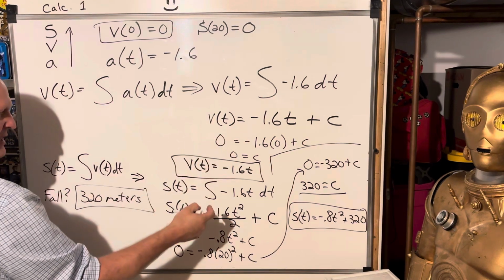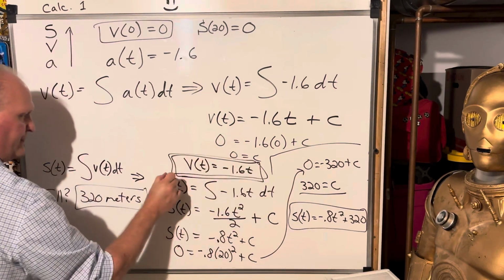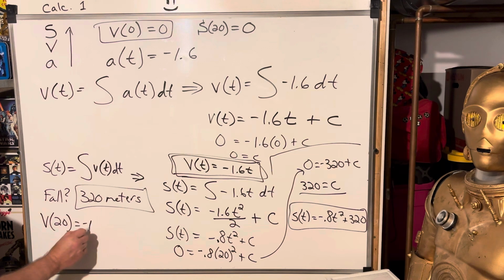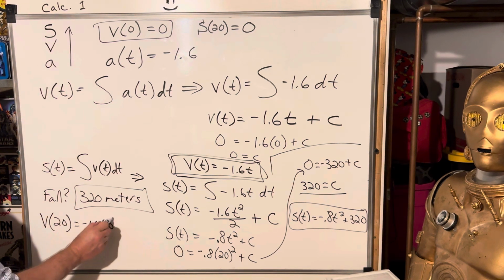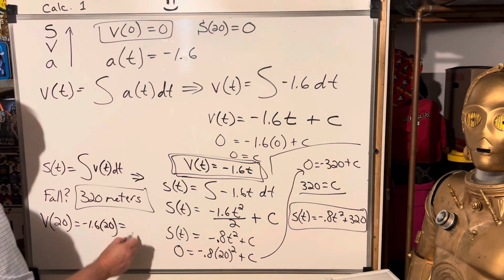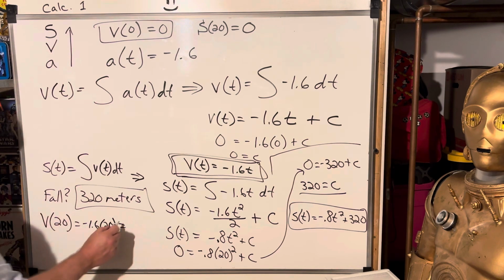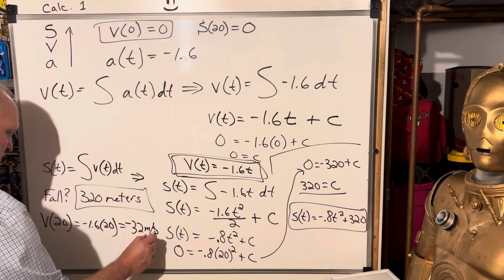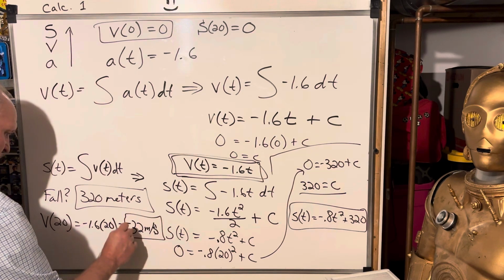So we're going to use our velocity formula. So v of 20 seconds is negative 1.6 times 20. That means when it hit, it was going negative 32 meters per second. That would be the velocity.